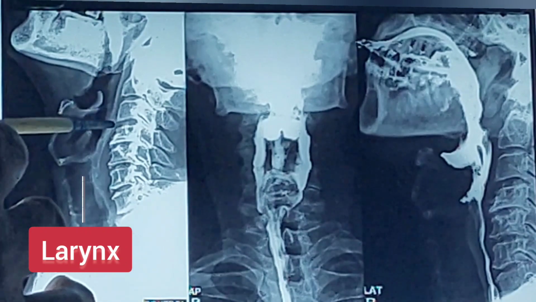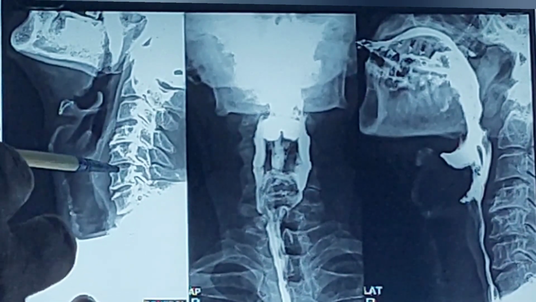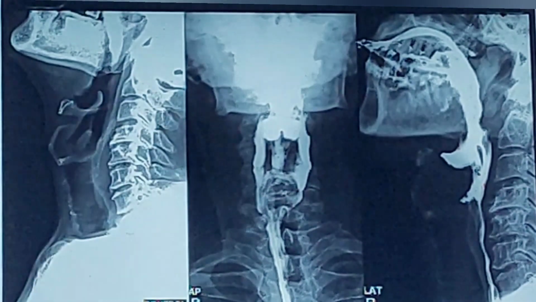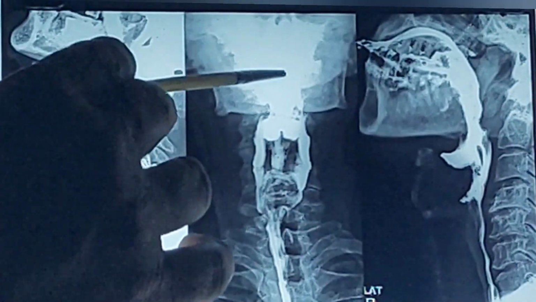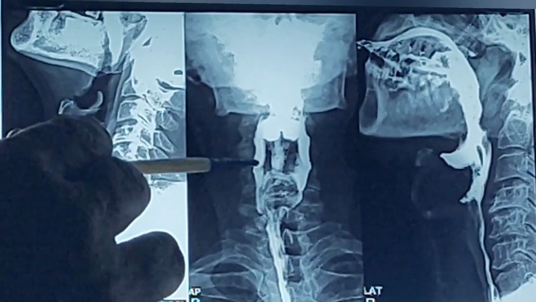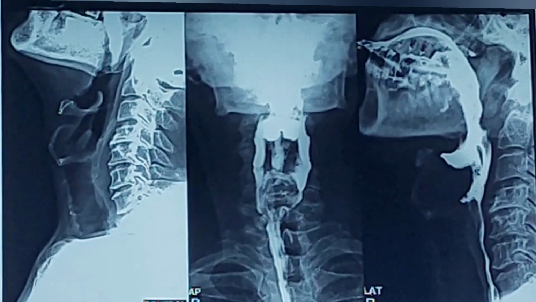Here we get the pharynx and esophagus in between the vertebra behind and the larynx in front. And this barium swallow is the anteroposterior view, and we can see the barium sulfate solution, this white radiopaque area, coming down through the esophagus.